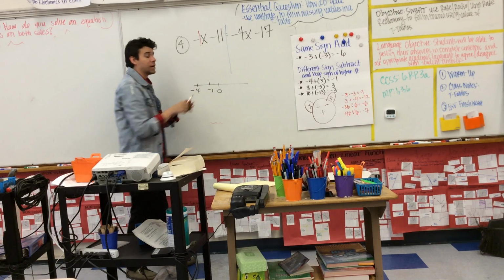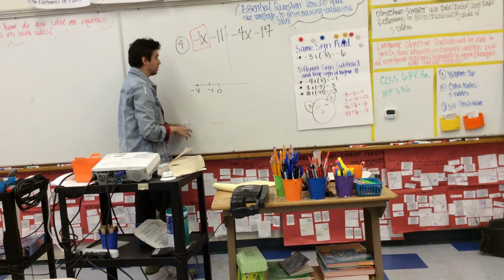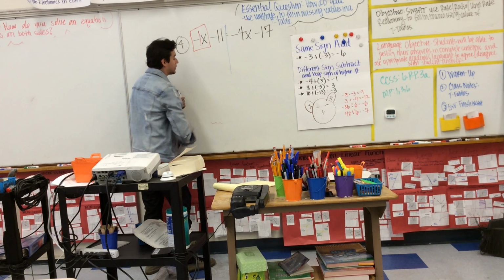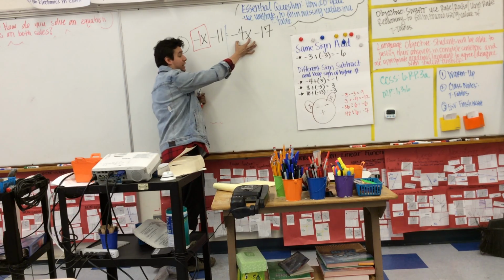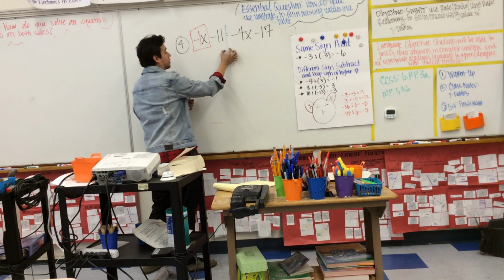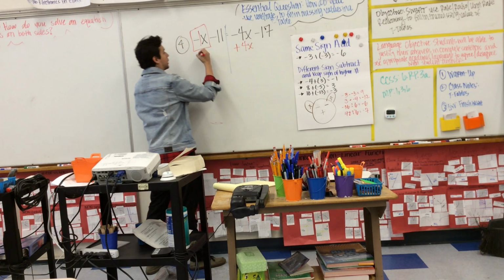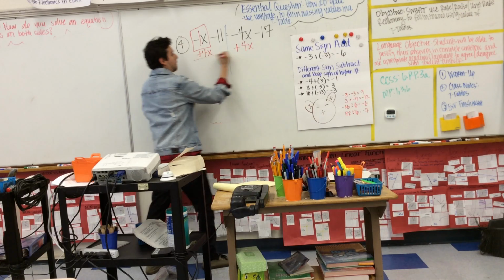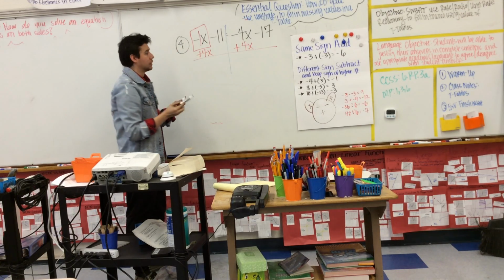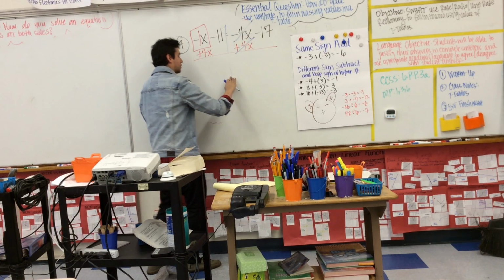That means -1x is the biggest variable, the biggest older sibling. That means -4x wants to jump the fence and come over. In order for it to jump the fence and come over here, I have to change the sign. Inverse operation. Plus 4x. Plus 4x. Boom. Okay? This thing cancels. Click, click, cancels out.